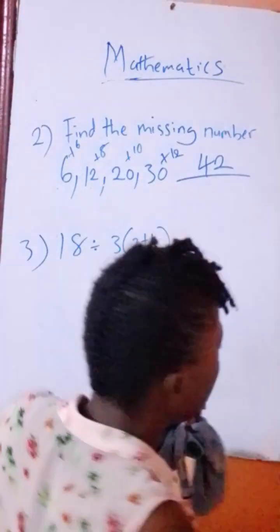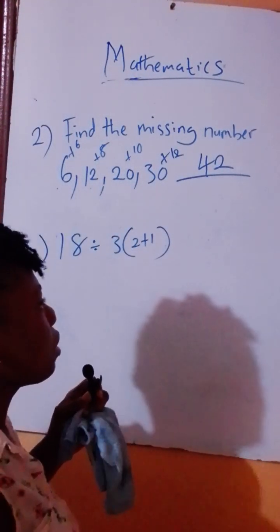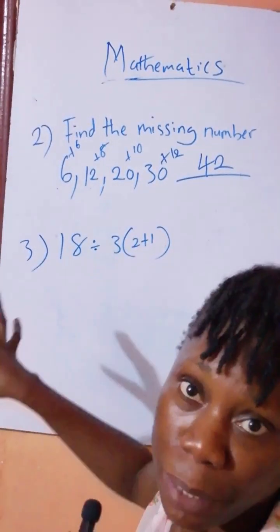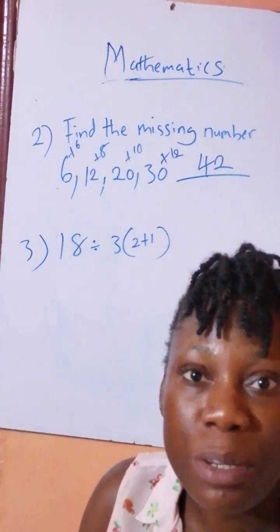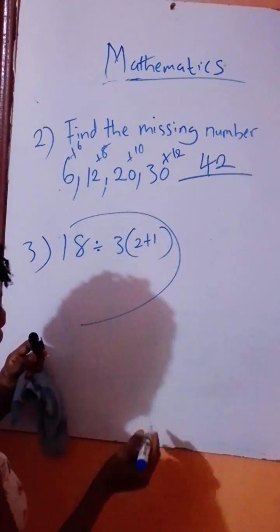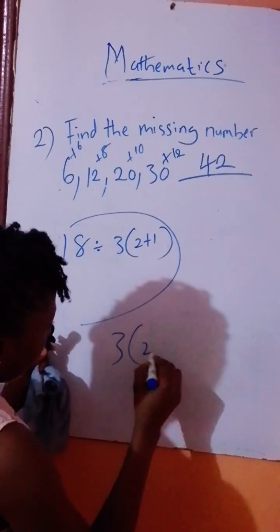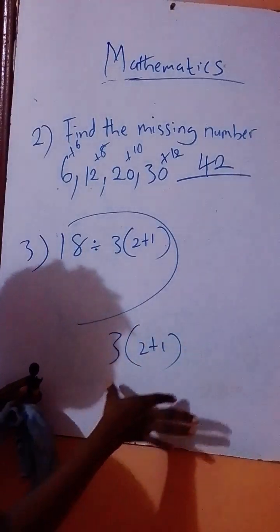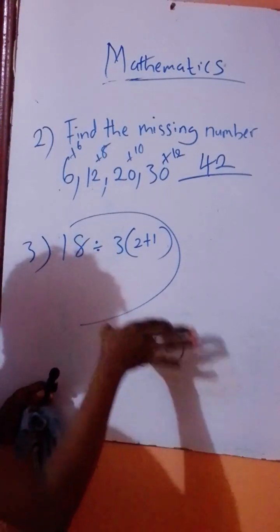You might be confused because in the previous question that we saw, I said 3 multiply the bracket. Let me show you the difference. There is a difference between this and this.